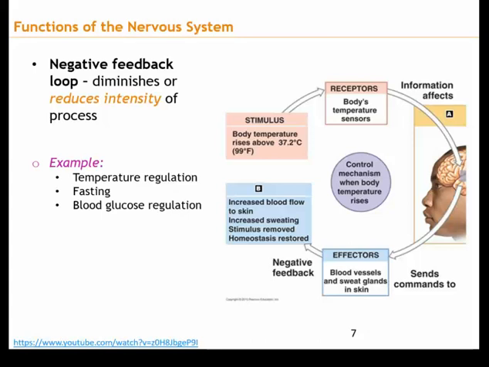Insulin increases, and insulin's job is to move glucose out of the bloodstream into the cells so they can be used for energy. So insulin increases to decrease the blood glucose level. This inhibits further insulin secretion when blood glucose now starts to decrease, and now we have regulated blood glucose levels. So again, another negative feedback loop.